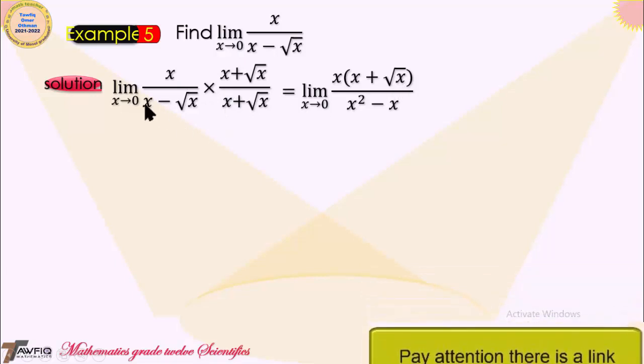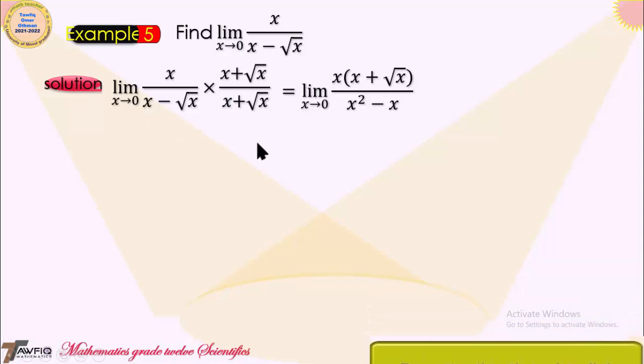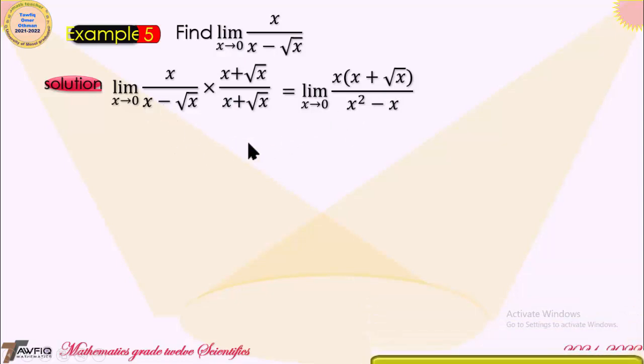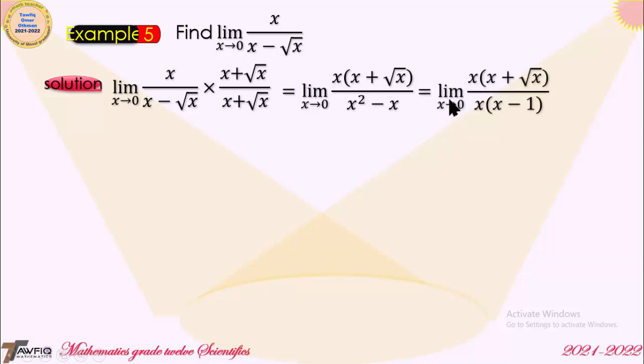Here x times x is x squared, minus times plus is minus, square root of x times square root of x is x. Factoring x squared minus x by taking a common factor x, it becomes the limit as x approaches 0 of x times (x plus square root of x) times (x minus 1).